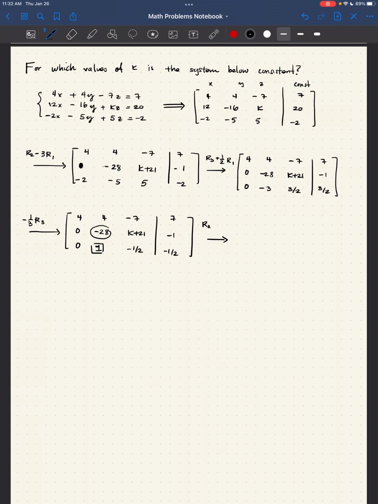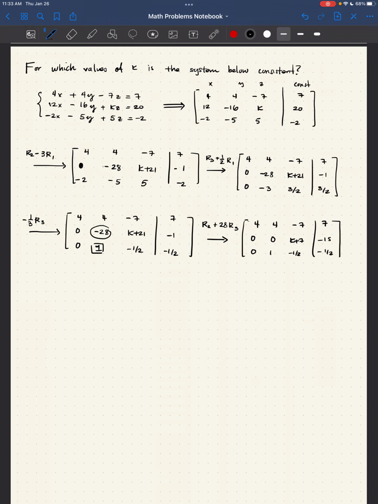To row number 2, we add 28 times row number 3. And we get this. 4, 4, negative 7, 7, 0, 0, k plus 7, 0, 1, negative 1/2, negative 15, negative 1/2. And then we pause for a second here.